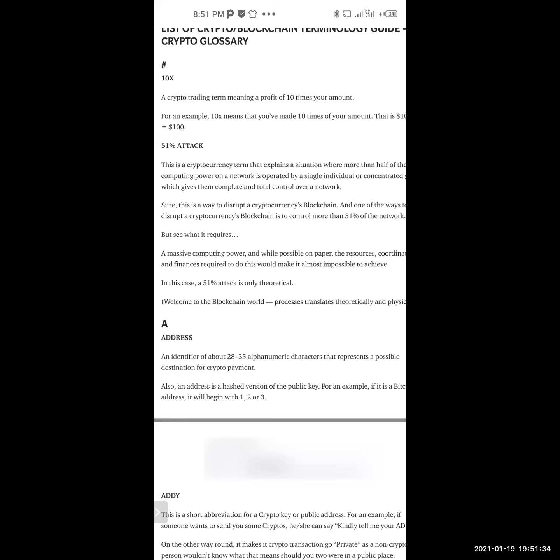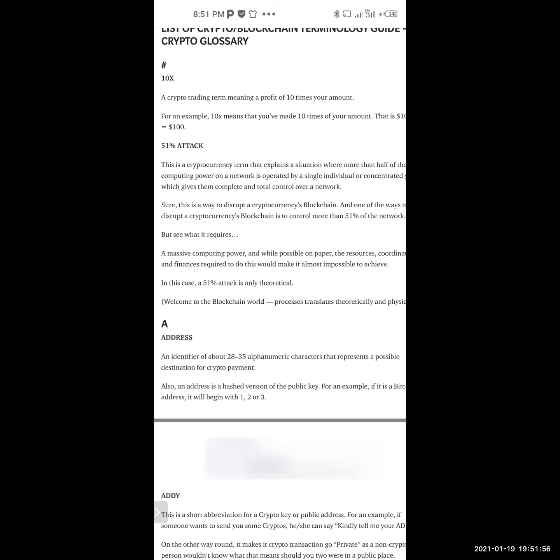So next thing is address. Now, every cryptocurrency that is stored, remember I talked about yesterday that one of the things you should do when you're starting your crypto journey is to have a crypto wallet. And every crypto wallet has an address that is unique to each cryptocurrency.